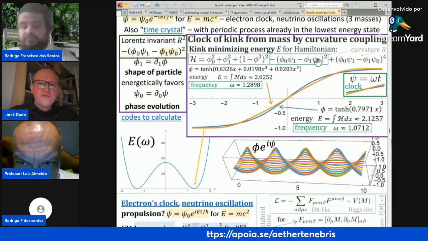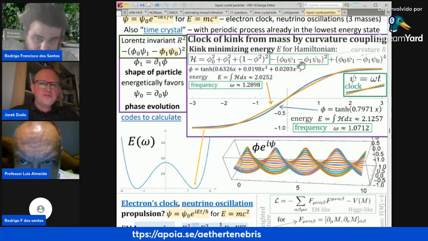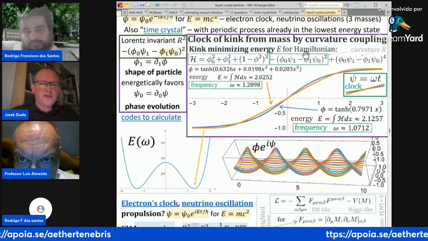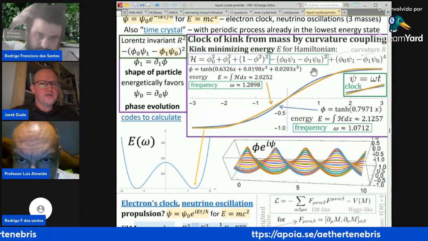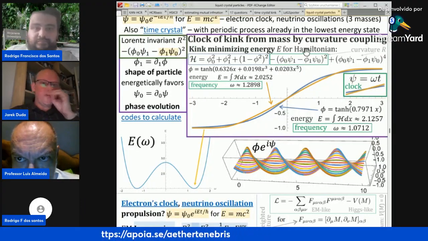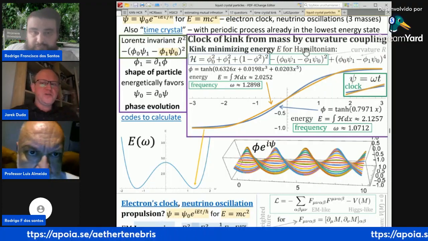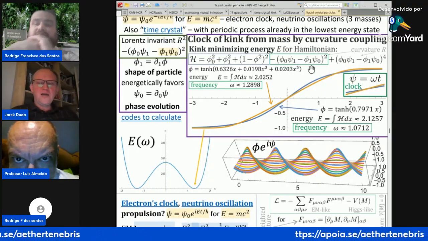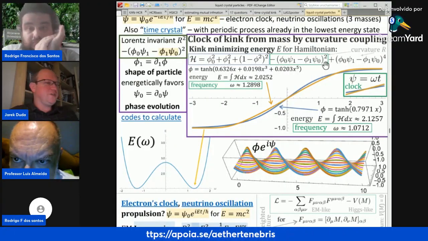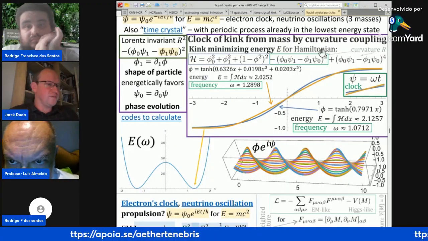Now we have this quantum phase psi, and phi as our field, the shape of the particle, you can say. These are the derivatives. Here are the spatial derivatives. If you have a particle, this spatial derivative is non-zero, and now it brings an energetic preference for a non-zero temporal derivative of this quantum phase.